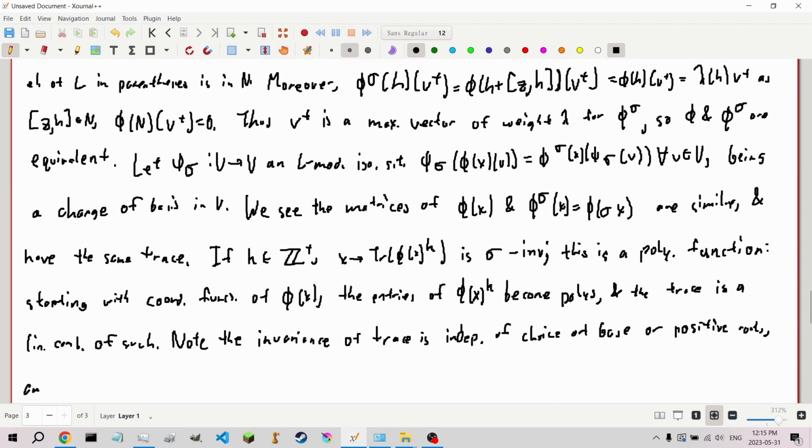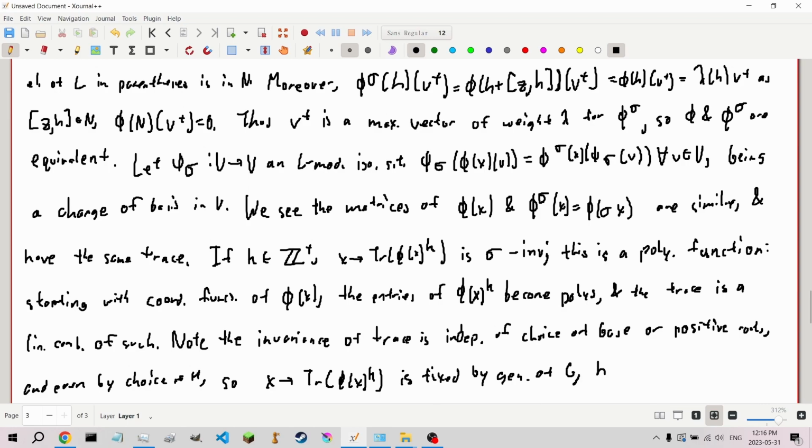And even of the choice of h, so that the function sending x to the trace of phi of x to the k is fixed by the generators of G. Hence by G.